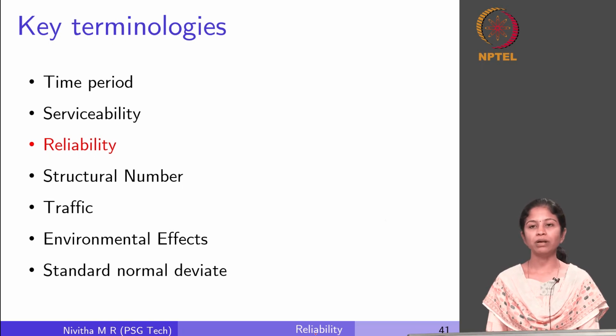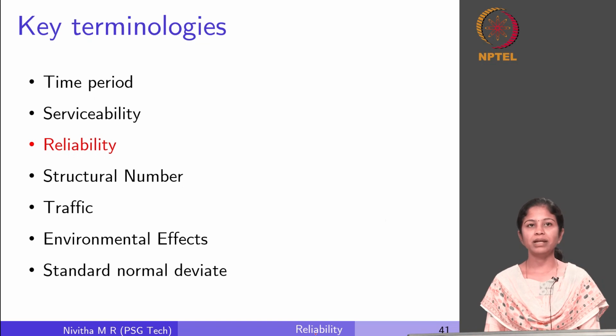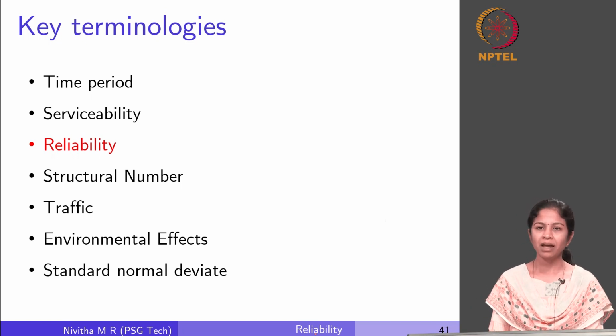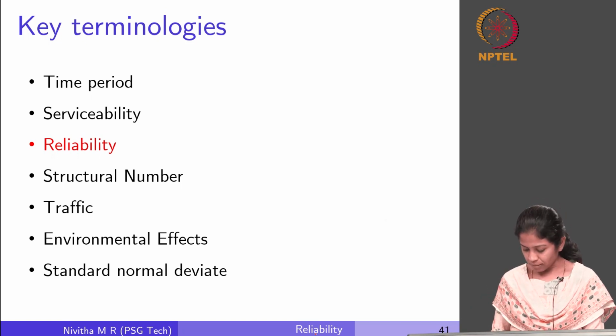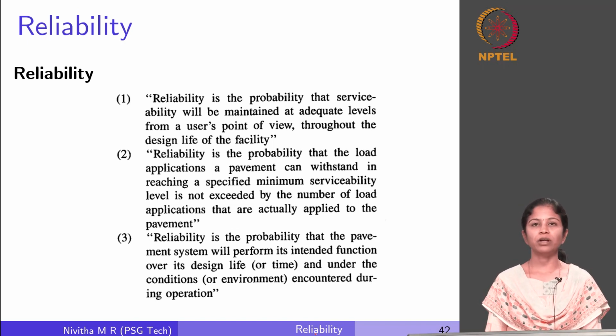Then we will move on to reliability. We have already seen in detail what reliability means and its definitions. AASHTO also gives a set of definitions for reliability. We will look into what AASHTO says. There are about 5 definitions for reliability.